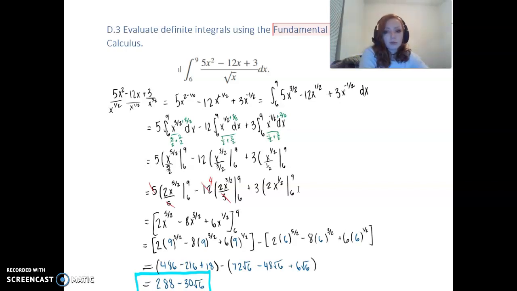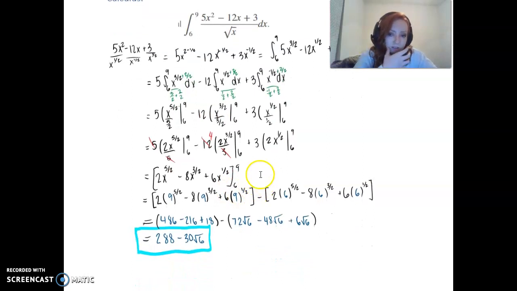Doing that, you get these fun numbers, and you can multiply that out, but it's b minus a, and that's what you're supposed to do for part 2, it equals f of b, the antiderivative of b minus the antiderivative of a.